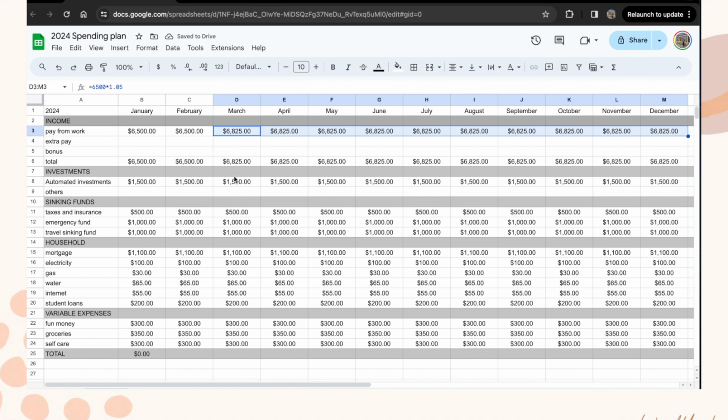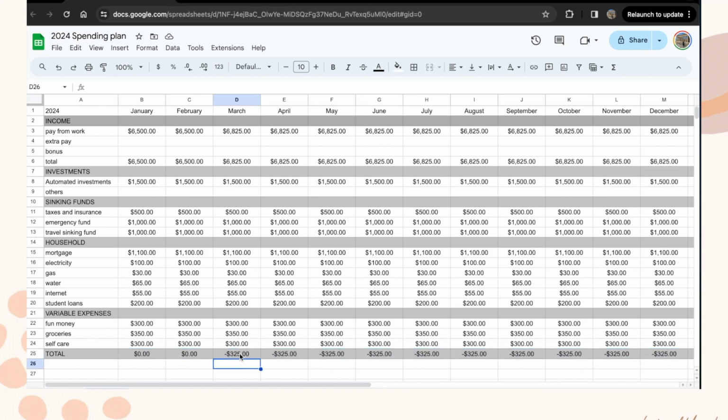That's an estimate again. I'll update it once I know what it will actually increase to. I'll leave that there for now. I'll come down to the bottom as well and drag the total. And you can see now that with the increase in salary, there's additional money that I have left to spend. We'll come back and adjust here in a minute.